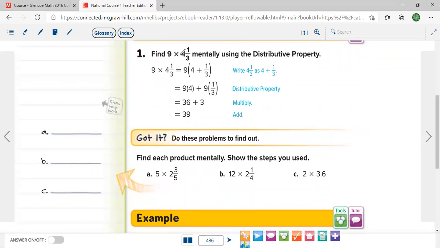Find 9 multiplied by 4 and 1 over 3. Before we used to write 9 multiplied by 4 and 1 over 3. Let me remind you. We used to write 9 as 9 over 1. We used to rewrite this mixed number as improper fraction.